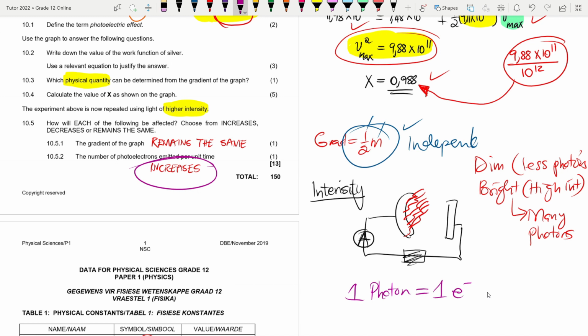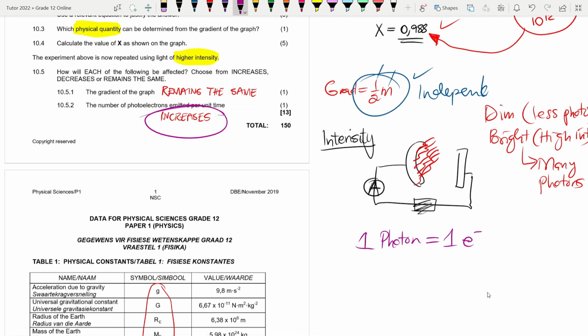That's why we say increases. So if they wanted a reason, you're going to say photons increasing means that electrons have to increase. Sometimes they mention current, also current increase. Okay, is that good enough? Any question?